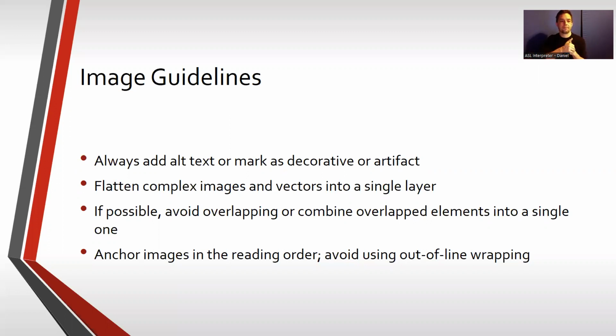That leads into the next point where, if possible, try to avoid overlapping elements, or if you need to, combine those overlapped elements into a single one. We usually don't like to use images of text because that's harder for assistive technology to work with. But in some cases where you put text on a color bar, kind of as a flag to start a chapter or something in a brochure, sometimes it has to become an image so that we can appropriately tag it and add that text into the alt text so that users can get that.